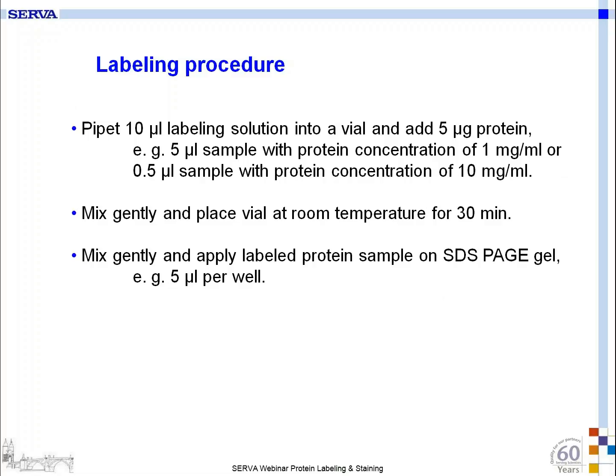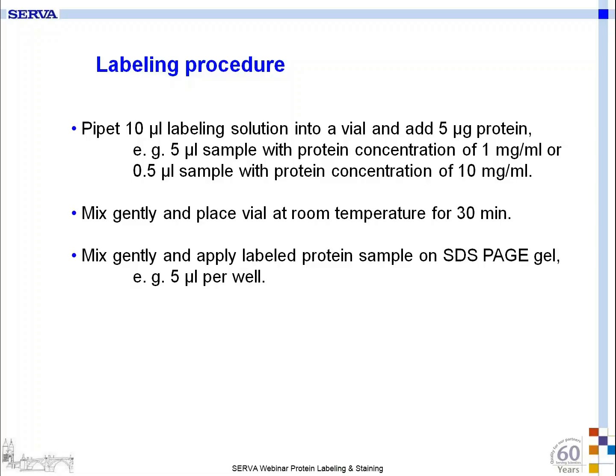You pipette 10 microliters of labeling solution to your vial with around 5 micrograms of protein. Here's an example of how to do it with a 5 microliter sample of 1 milligram per milliliter. You mix gently, and then you place the vial at room temperature for 30 minutes.